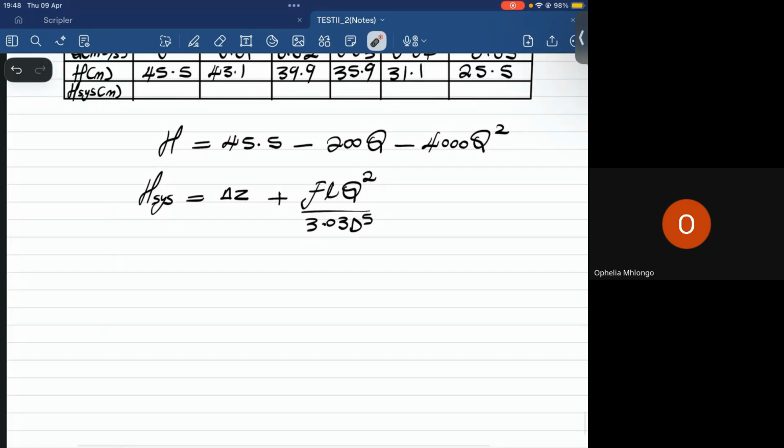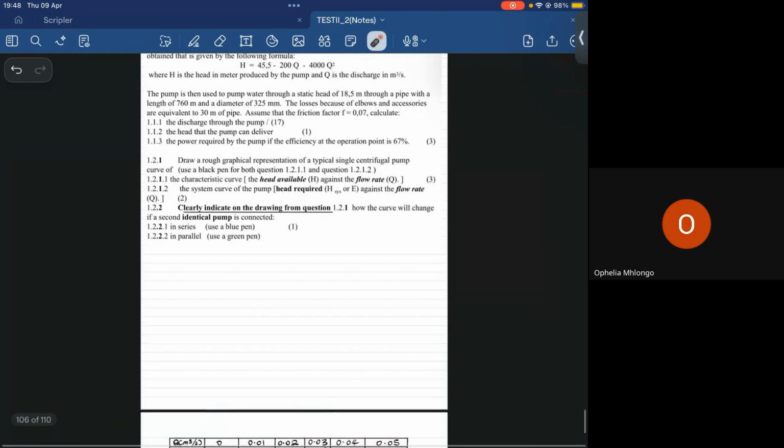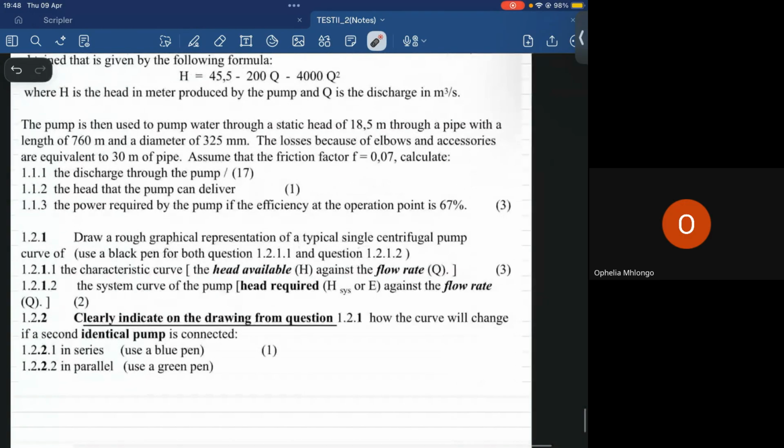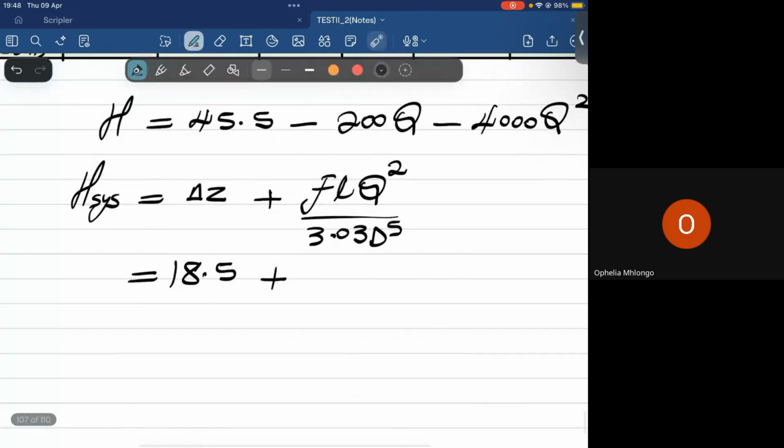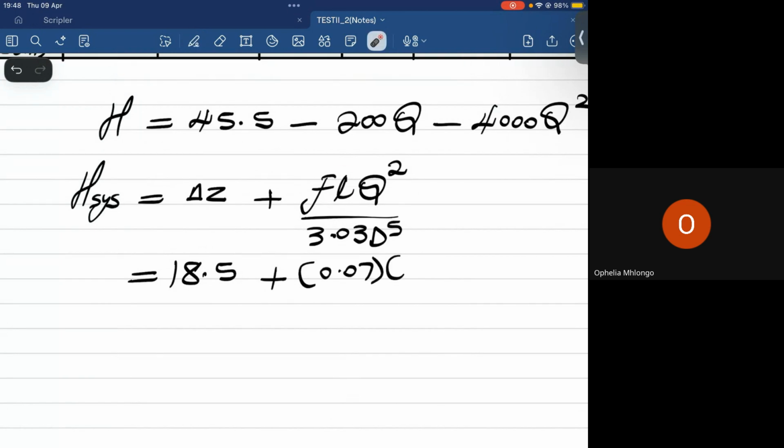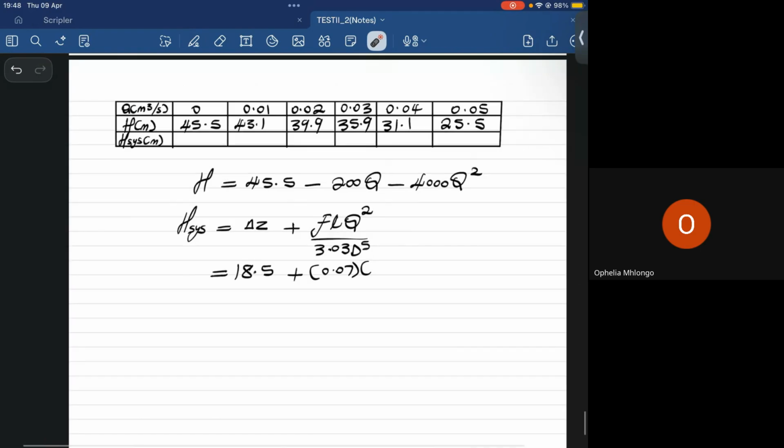So this system head will be given by 18.5 meters, plus the friction factor, which is equal to 0.07 here, and then multiplied by the length of the pipe.